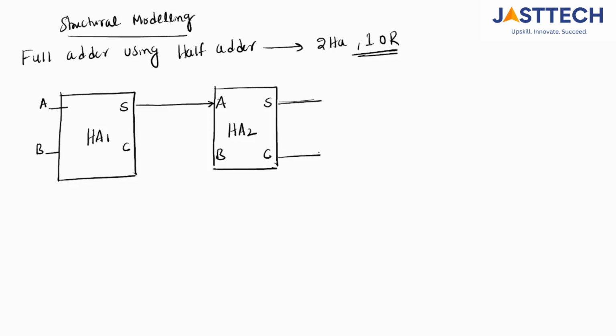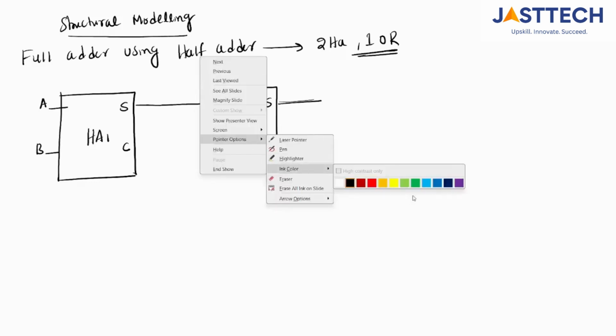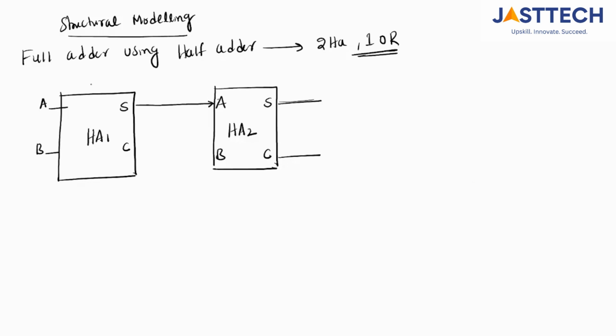So let us take the internal variables. You need to declare the internal variables. Let us take W1, and here C, this is not W3. I am writing this under the top module.